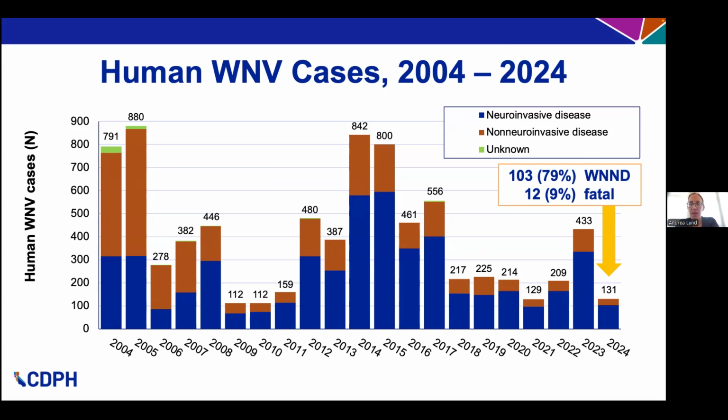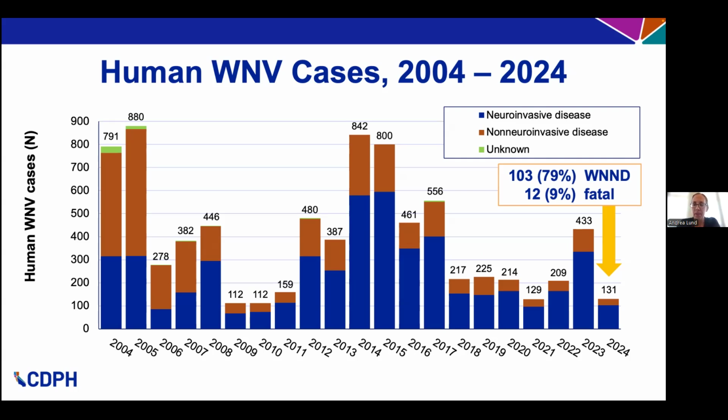You'll also see in the little text box there, almost 80% of our cases were what we call neuroinvasive. And so that's that severe form of disease. Those are the most likely cases to go seek healthcare. If you're really sick with neuroinvasive disease, you're likely to go to the doctor, even the hospital.